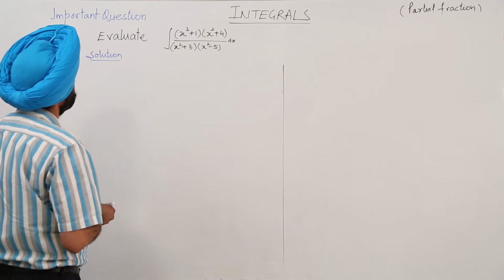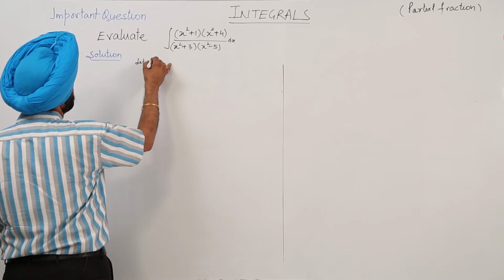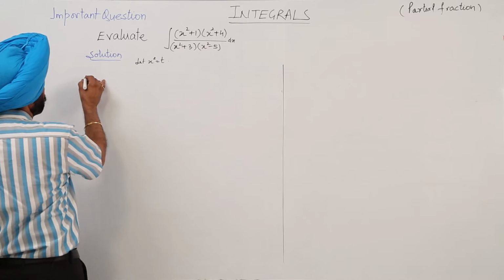In this question, let us put x square is equal to t. Now, what are we getting?